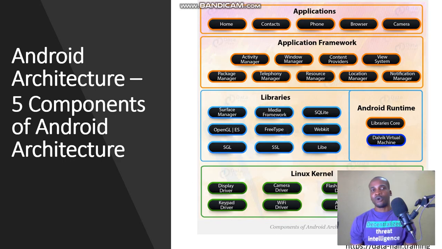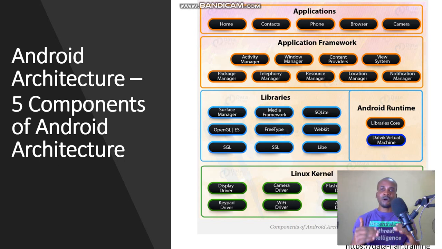So let's talk about Android architecture. Android architecture is made up of 5 components. In the first layer, we see the Linux kernel. The Linux kernel is the bottom and most important layer of Android architecture.